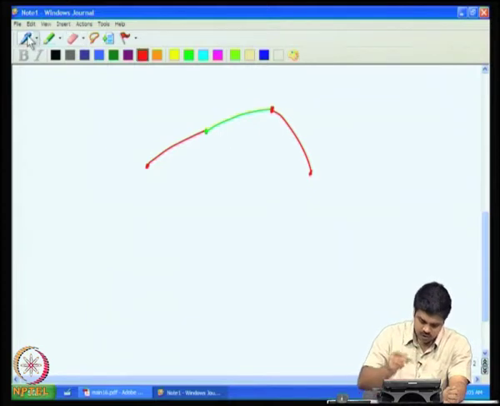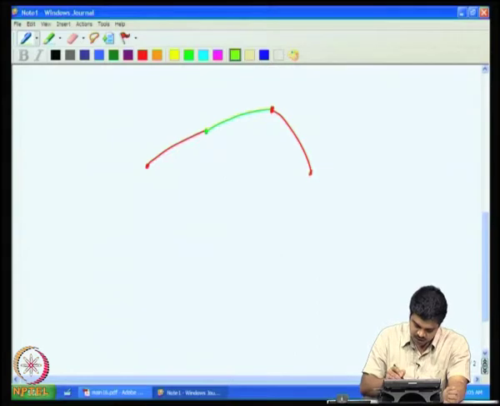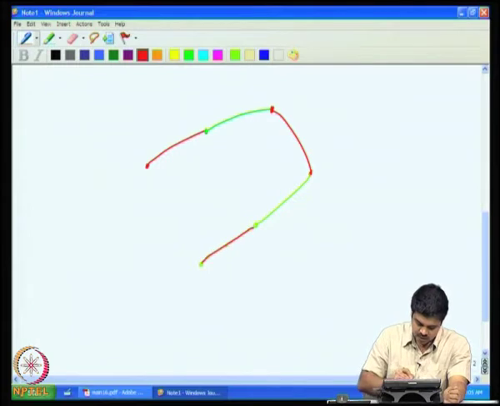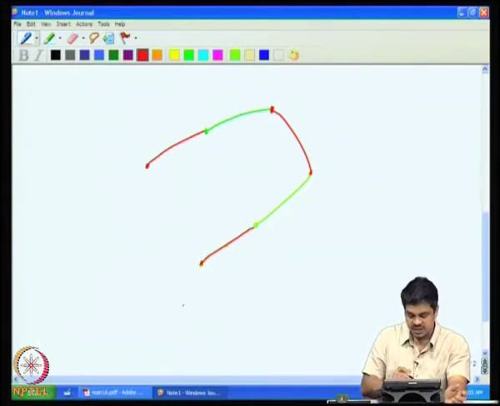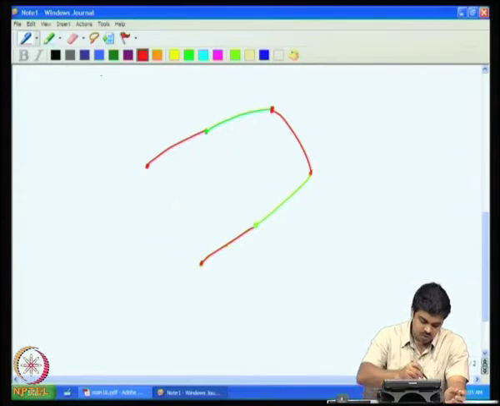So, we can have a red edge from here, and then a green edge, and that is all, because after one red edge you will see only one green edge. How will it stop? It can abruptly stop and say that I do not see any green edge anymore. So, it can be a path, or it can go back and complete a cycle like this.